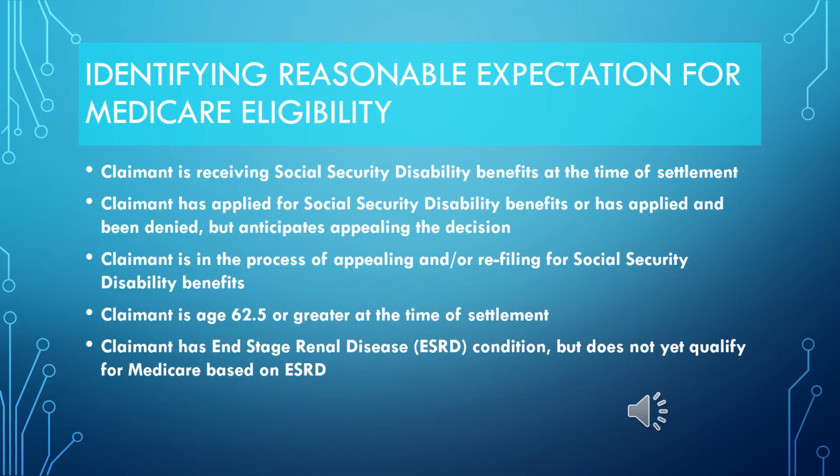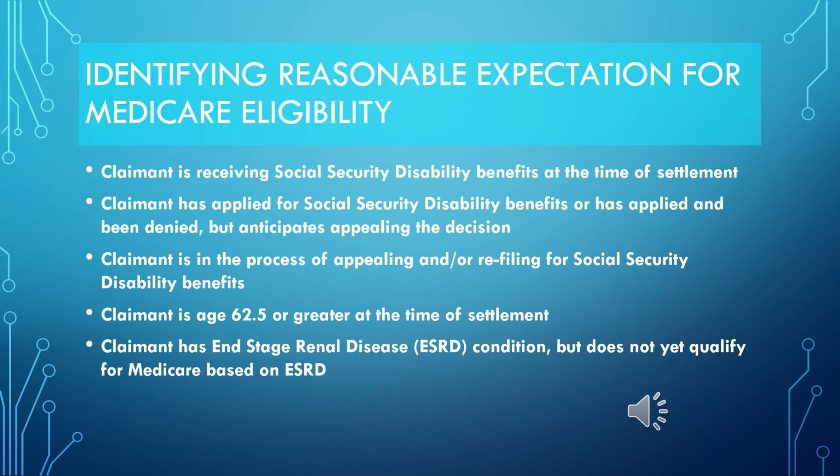So identifying reasonable expectation for Medicare eligibility would include when a claimant is receiving Social Security disability benefits at the time of the settlement. If the claimant has applied for Social Security disability benefits or has applied and been denied, but is anticipating appealing their denial, that would also qualify.